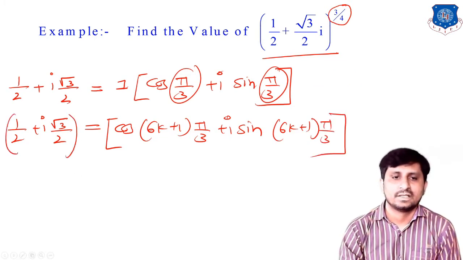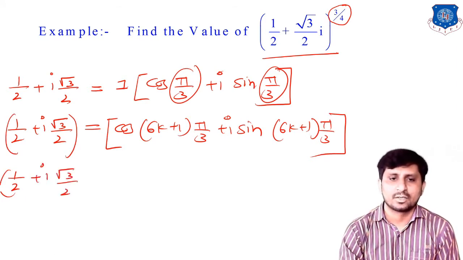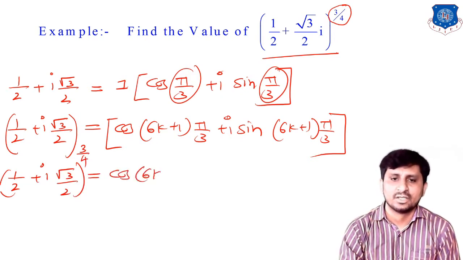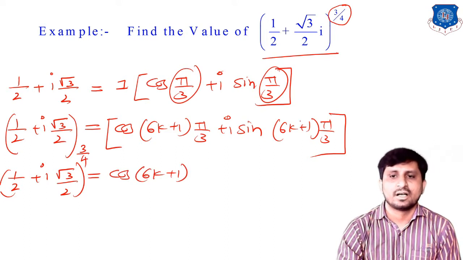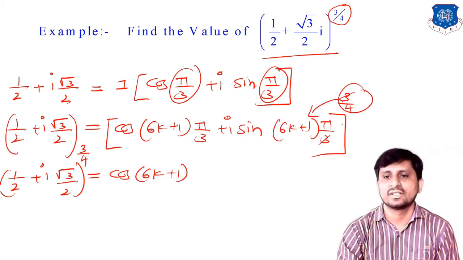Okay, now take the power 3 by 4 on both sides. So (1/2 + i√3/2) raised to 3/4. Can I write directly using De Moivre's theorem, cos (6k + 1) raised to 3 by 4, and this 3 by 4 multiplies with this angle, so 3 will be cancelled out. So now we have (6k + 1) pi by 4.